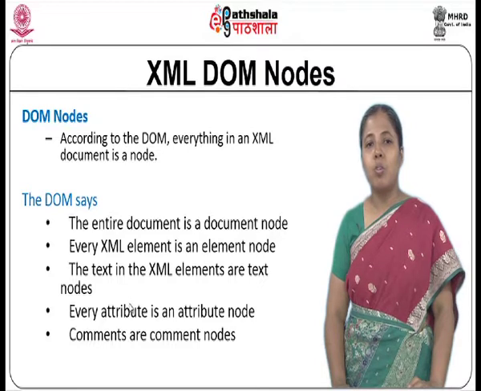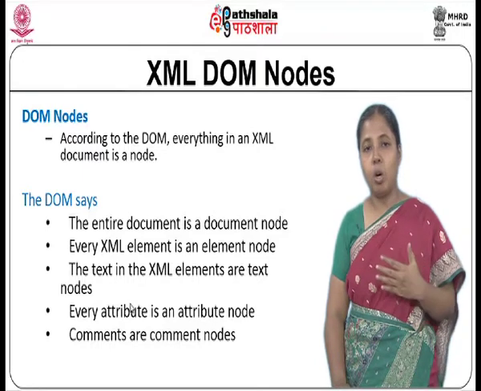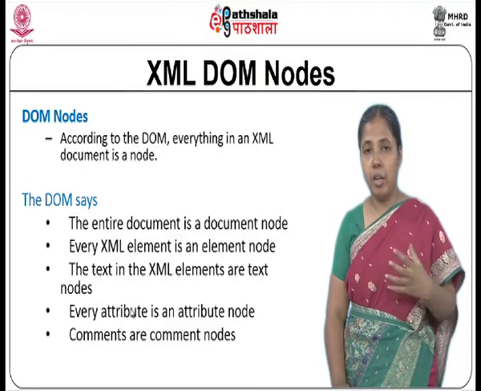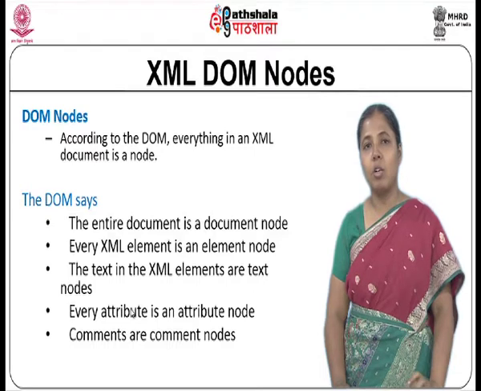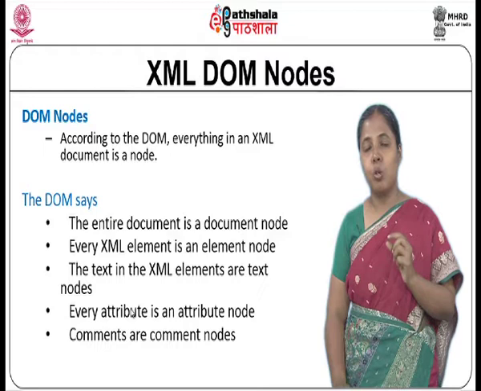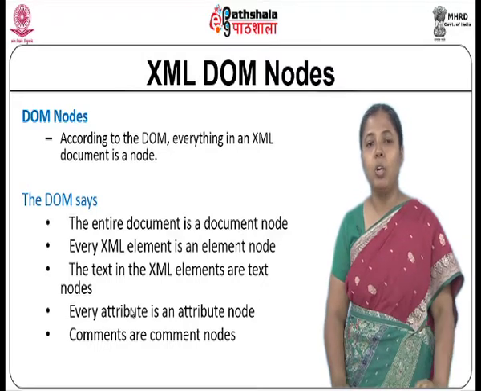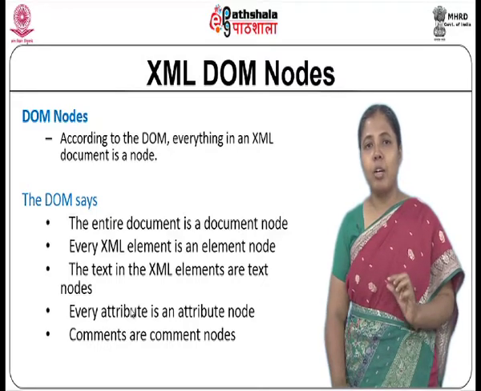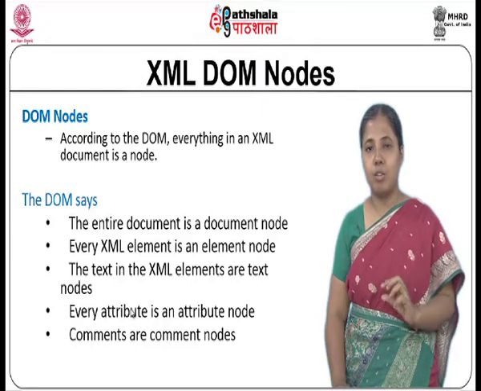For the DOM nodes, we know that everything in an XML document is a node. The entire document we can call a document node, and every XML element we call an element node, and the text stored in XML elements is called a text node.